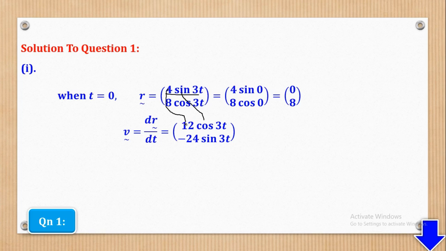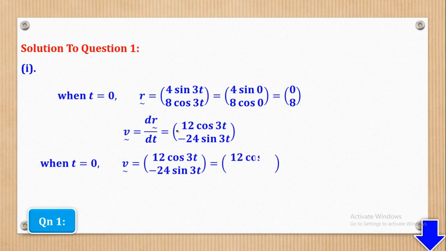Then for 8 cos 3t, I first differentiate the angle to give me 3, so 3 times 8 gives me 24, which is this. Then after that, cos gives me negative sine. That is why you see here a negative and here is sine. So that is how we differentiate the trig functions sine and cos.